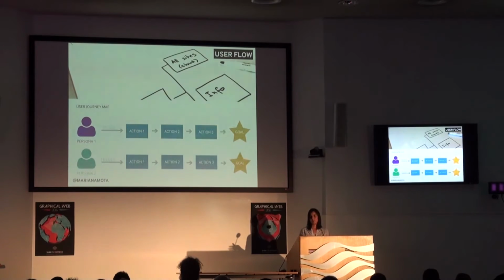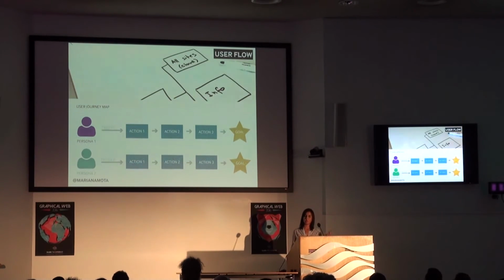User journeys are a really good way to understand users' goals and to bring clarity to the development team. So when we create a user journey map, we're thinking from the different user groups and personas.